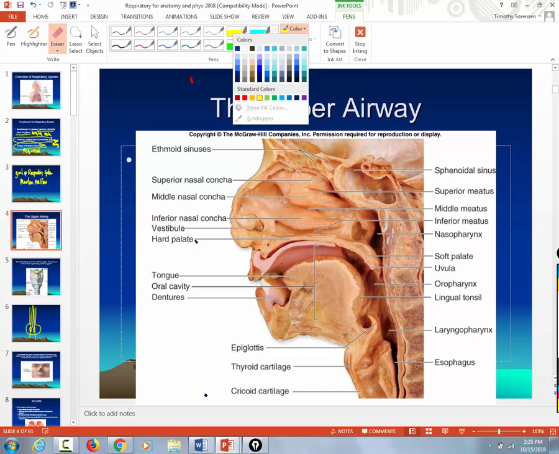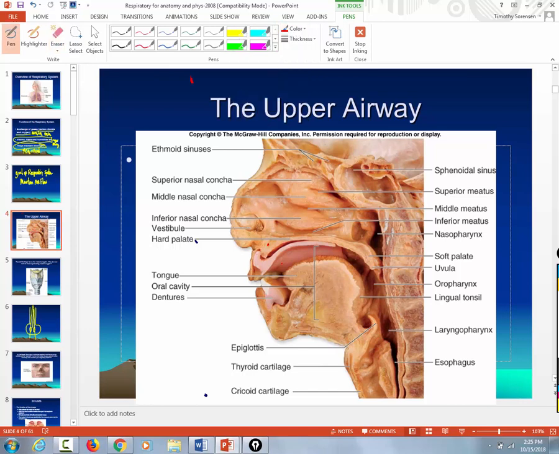Okay. Now, so we got the nasal cavity. Now you need to know these divisions. You with me? You should know the nasal concha, and then you should know the throat. The medical term for throat is pharynx. Did I spell that right?